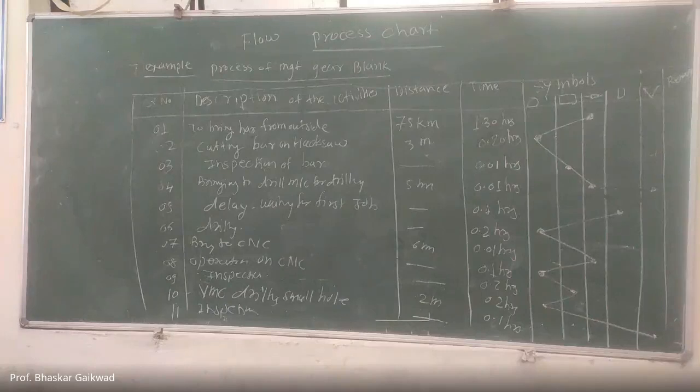Then drilling, bring to CNC machines, and operations are there. After CNC machines, inspections. After this, the same job we perform on the VMC machines, and after that inspection, and then we put these jobs in the store. Okay, so like this the flow movement is shown.